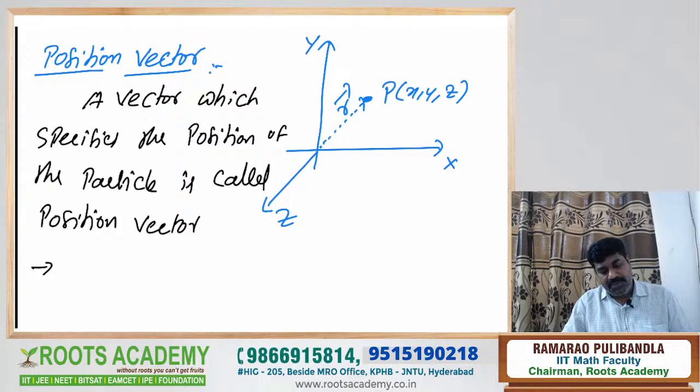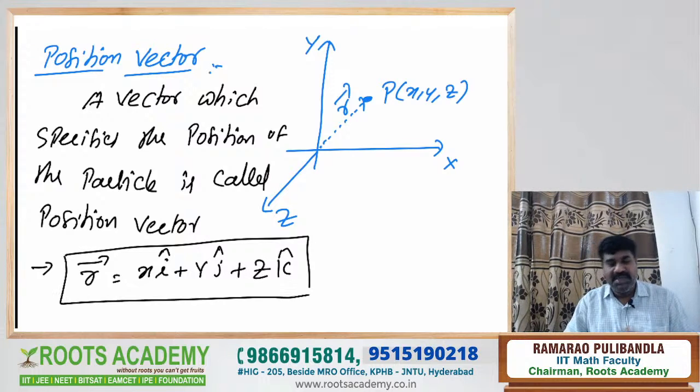Here, if P of x, y, z is a point, then the position vector r bar is written as x i cap plus y j cap plus z k cap. Here i cap means unit vector along the x-axis, j cap means unit vector along the y-axis, k cap means unit vector along the z-axis.